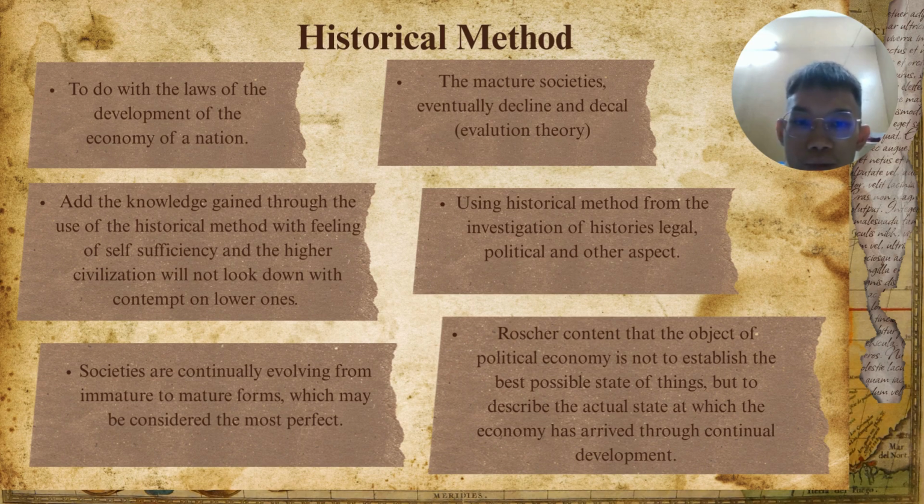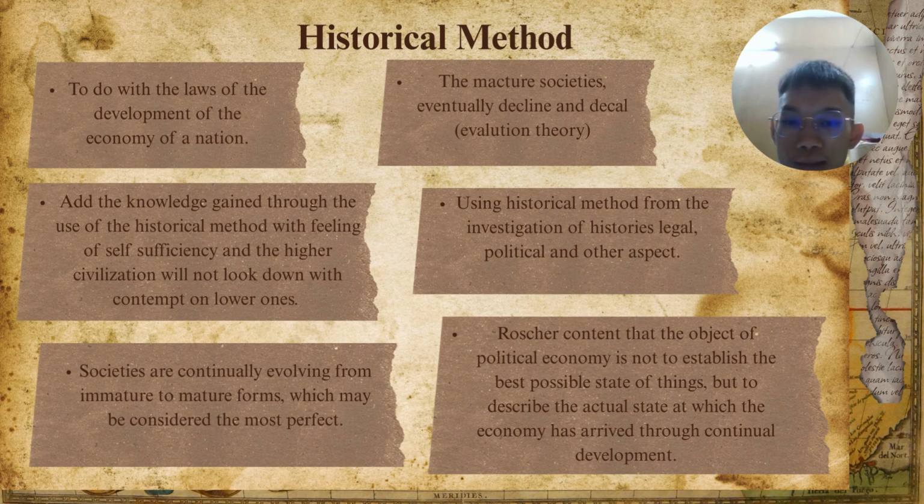Roscher had a balanced view of human nature. He believed that many economic policy disagreements result from misapplying good ideas to the wrong situation, rather than from ignorance or bad intention.